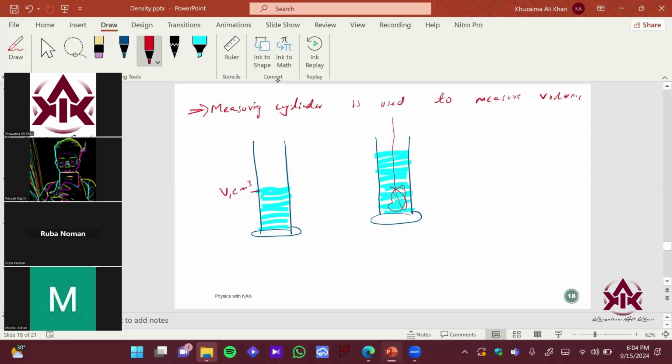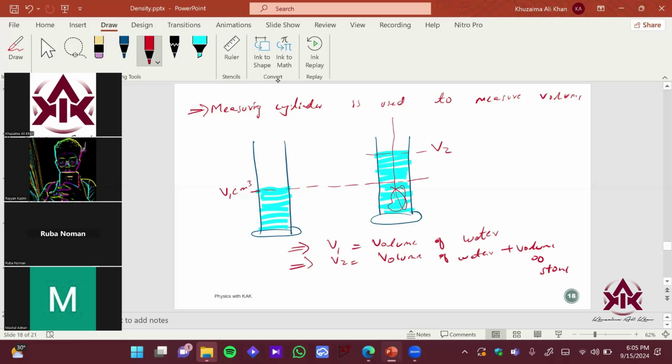Now the volume was initially V1, and now it has become V2. Let me tell you what V1 is. V1 is just the volume of water, not stone. V2 is the volume of water plus volume of stone.